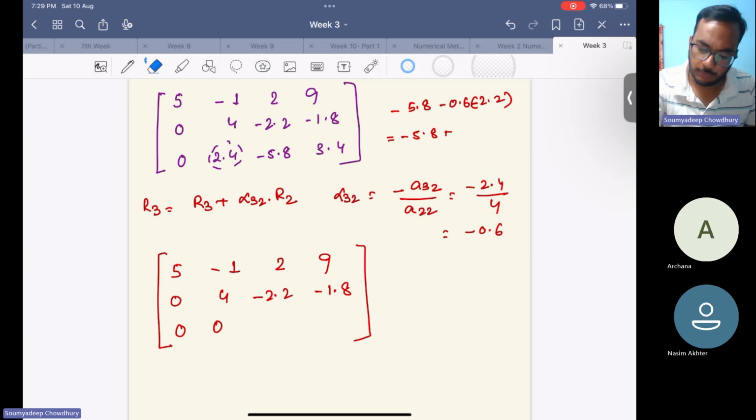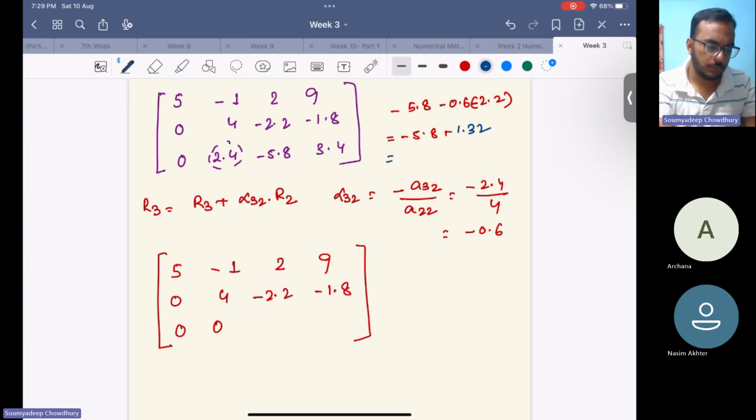Is 1.32. So it is minus 5.8 plus 1.32, so it is minus 4.48.